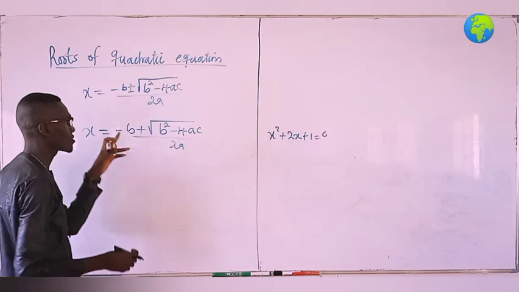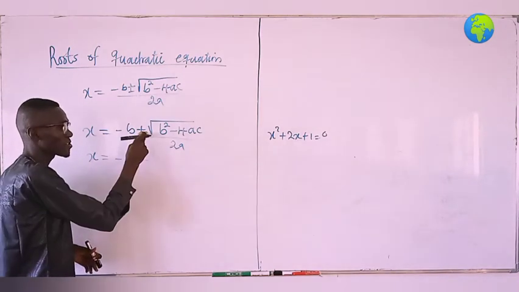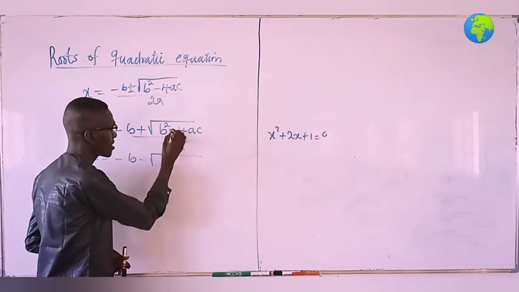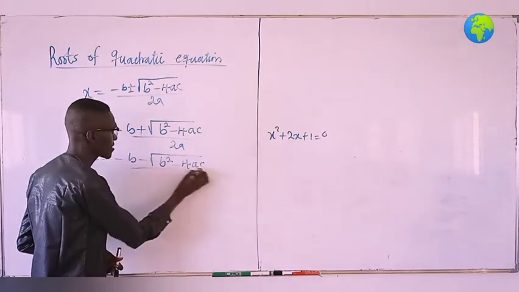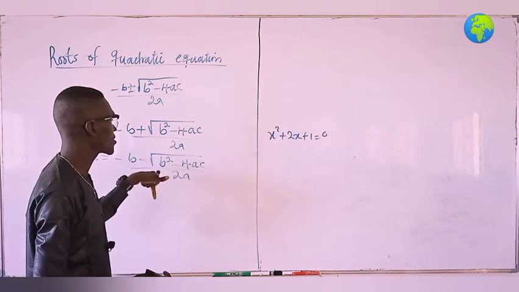That's for the root which is the addition. And x equals minus b minus the square root of b squared minus 4ac over 2a for the other condition, because we said this is plus or minus. So you can see that these are two different results for the roots.